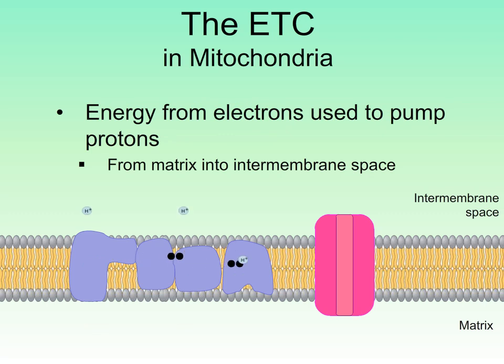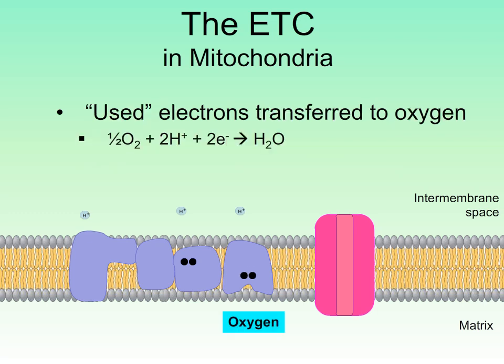As the electrons are transferred from one protein complex to another, their energy is used to pump protons from the matrix into the intermembrane space. This results in a high concentration of protons in the inner membrane space. The ETC transfers the low-energy electrons to oxygen, resulting in the formation of water.